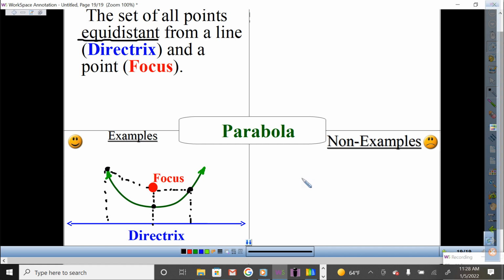Okay. Lewis. A straight line, yeah. That's not a parabola. It's a straight line. What's a parabola? This curve. Another non-example. Juliana? Square, okay. Another one. Carlos? Pentagon. Okay.